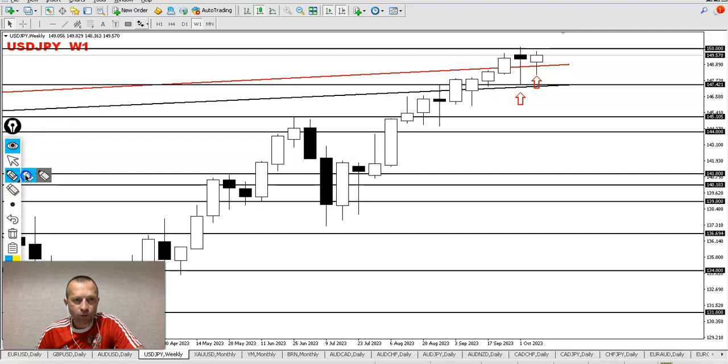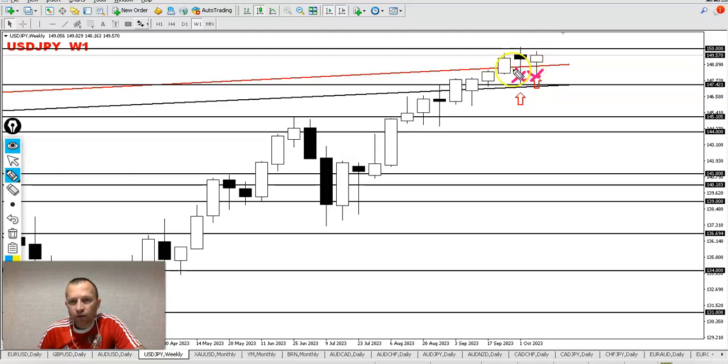You see, look, two weeks in a row we had small pin bars, and sometimes these patterns mean that the market is exhausting, showing some signs of exhaustion or low buying influence here.